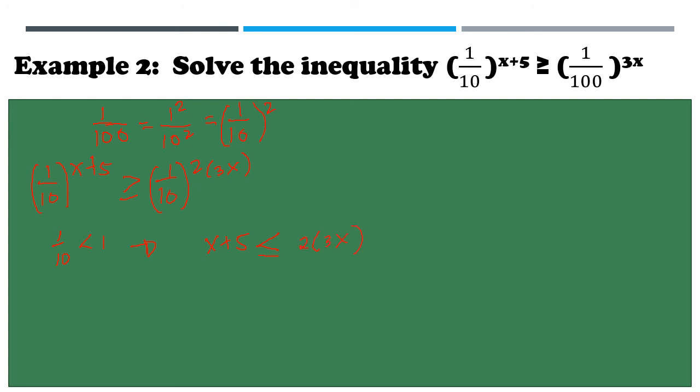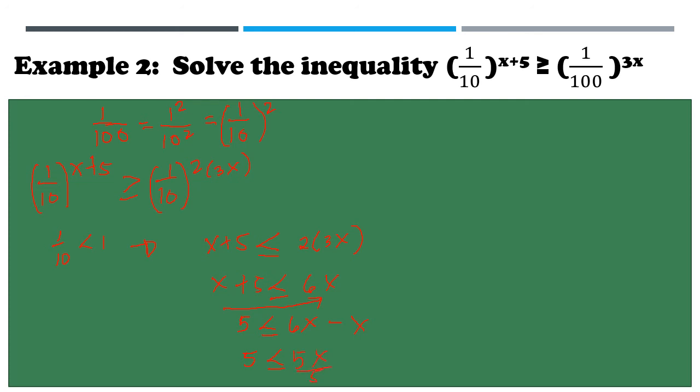So, solving for this is x plus 5 less than or equal to 6x. So, pagsasama-samahin lang natin lahat ng x sa kanan at lahat ng walang x, iwan natin sa kaliwa. So, this is 5 less than or equal to 6x. Ilipat natin yung x sa right side, magiging negative x. So, 5 is less than or equal to 5x.